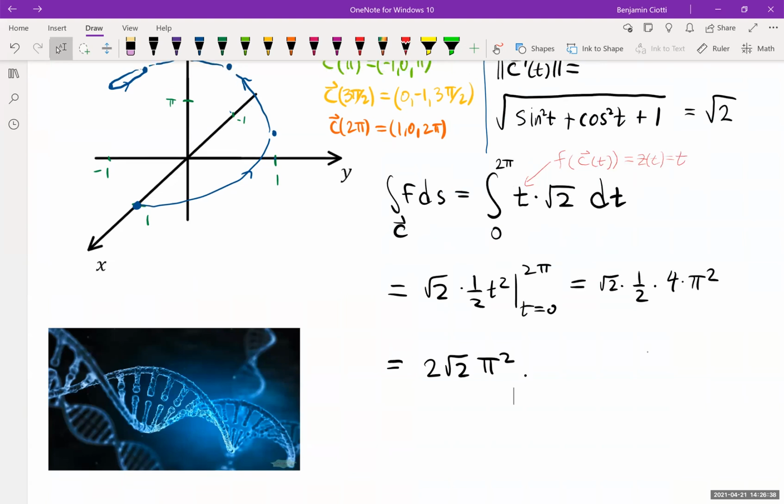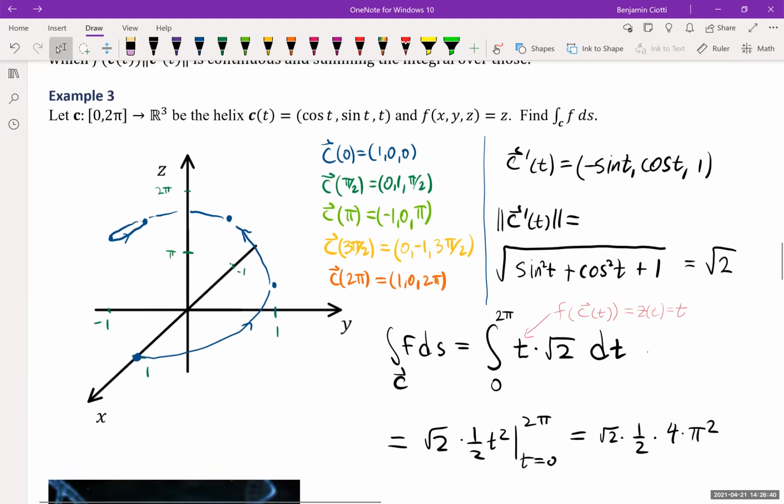Keel asked what f is supposed to be. F is given to be z in this question. So in general, it's whatever the function is that you want to integrate over the path. In this case, it was just z.